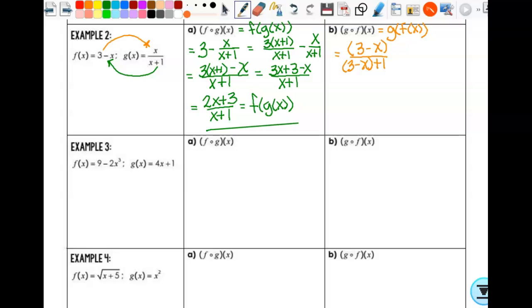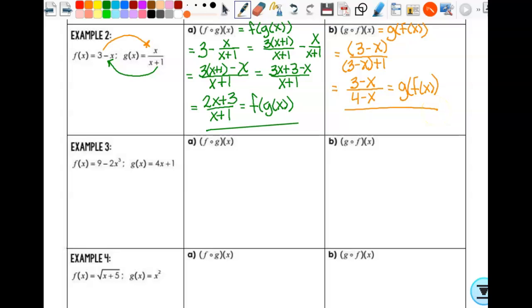No. Why not? Because I have 2 terms down here, right? If it was just 3 minus x over 3 minus x, absolutely, but that's not what's happening here. So instead, in the numerator I have 3 minus x. In the denominator, that would give me 4 minus x. Now, can I cancel the x's out? No. This is equal to g of f of x.